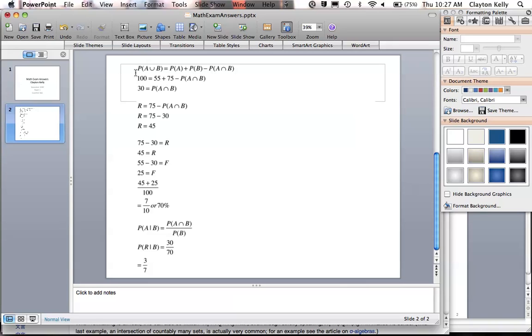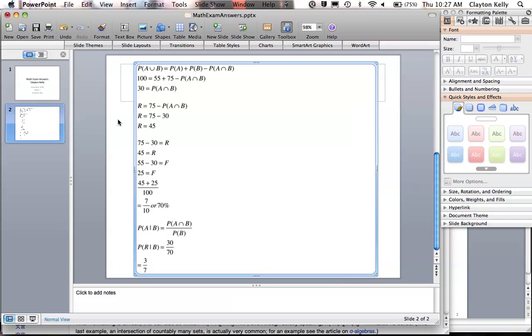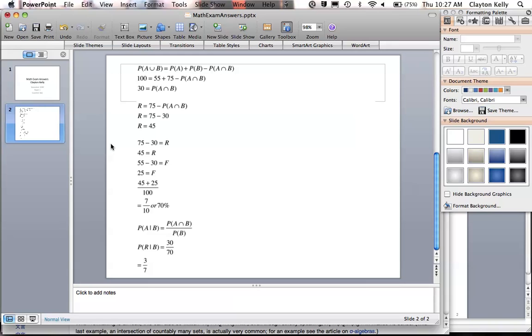So we have to use the formula: the probability of A union B equals probability of A plus P of B minus the intersect of P, A, and B. To substitute numbers into this equation, we put 100 for the total number of boys who play sports, and for P of A and P of B we put 55 and 75 for the amount of boys playing football and rugby respectively, and then we subtract the unknown, which is the amount of boys who play both sports. By doing some simple algebra, we can see the number of boys who play both sports is 30.